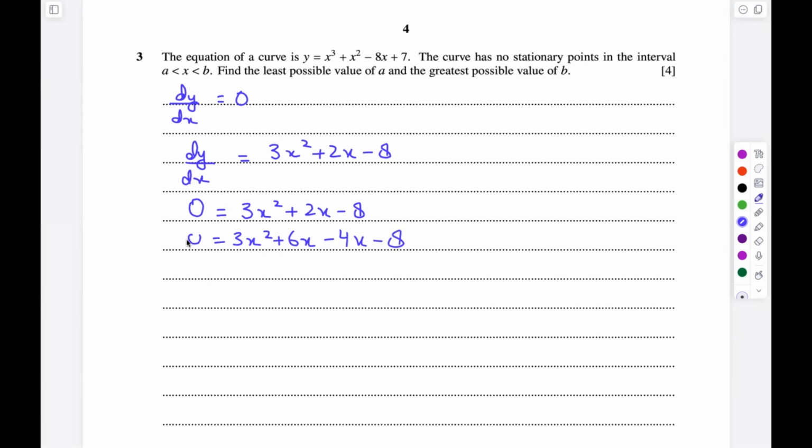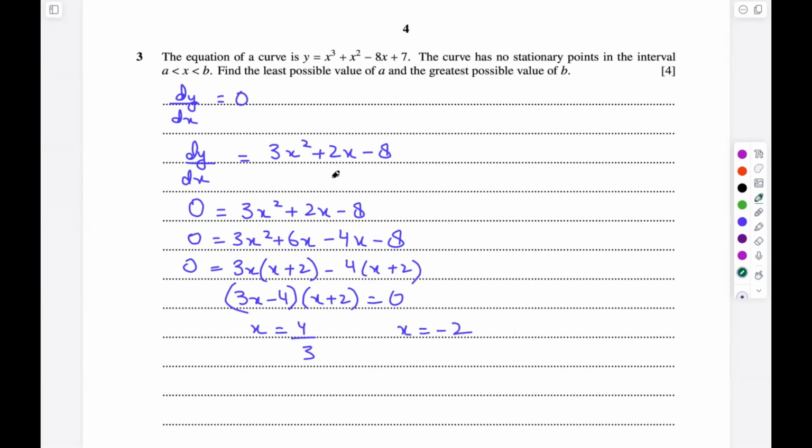Taking 3x common, we'll get 3x into x plus 2, minus 4 into x plus 2. So we get 3x minus 4 and x plus 2 equals 0. So the values of x will be x equals 4 upon 3 and x equals minus 2.